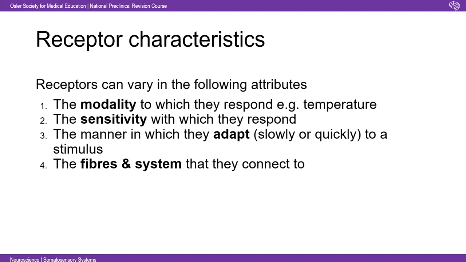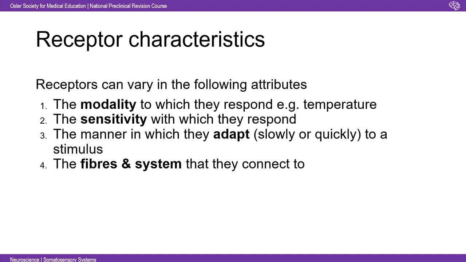So thinking about any receptor, receptors vary in lots of different ways. The first, as we've discussed just then, is that they vary in what they actually respond to. So for example, some receptors are adapted to temperature and only really detect temperature. But within each modality, you've also got variation: the sensitivity of receptors, whether they adapt or not, and how quickly they adapt.